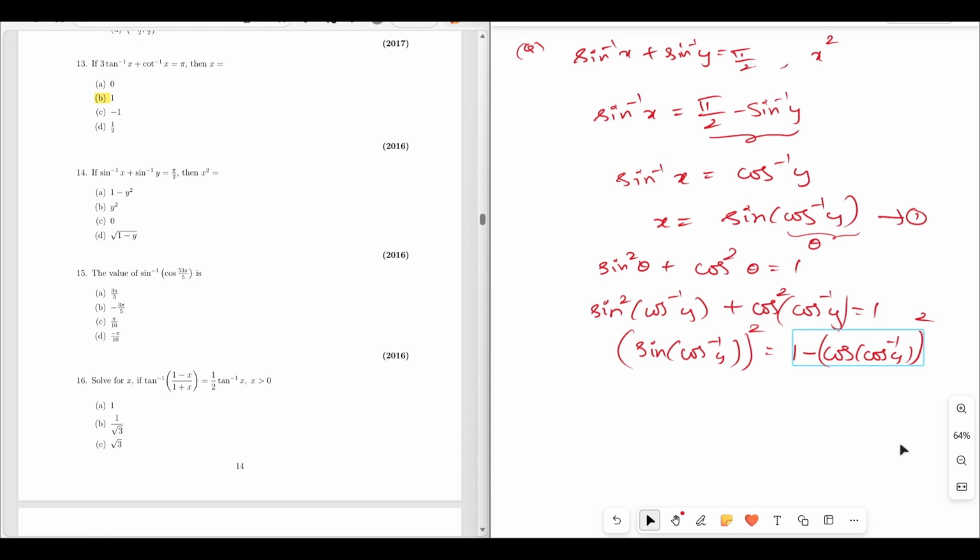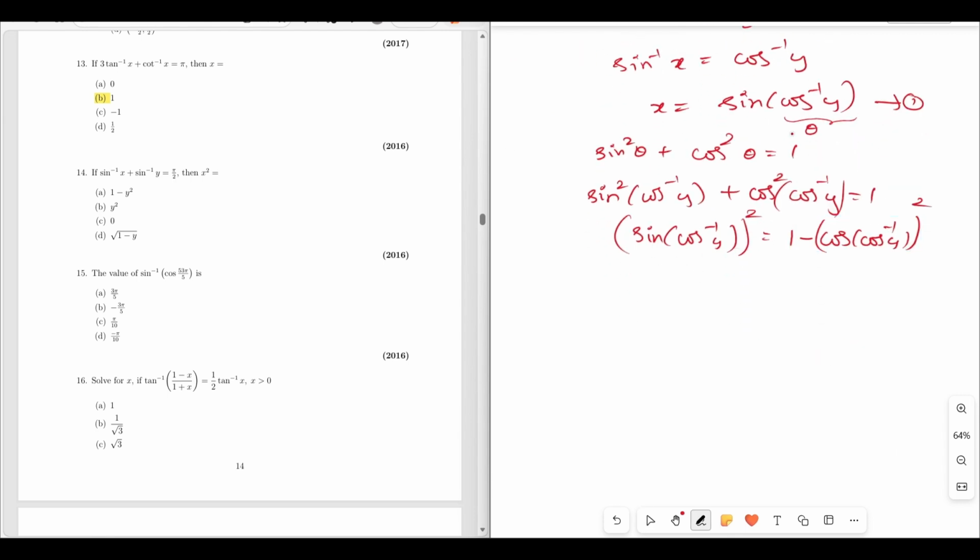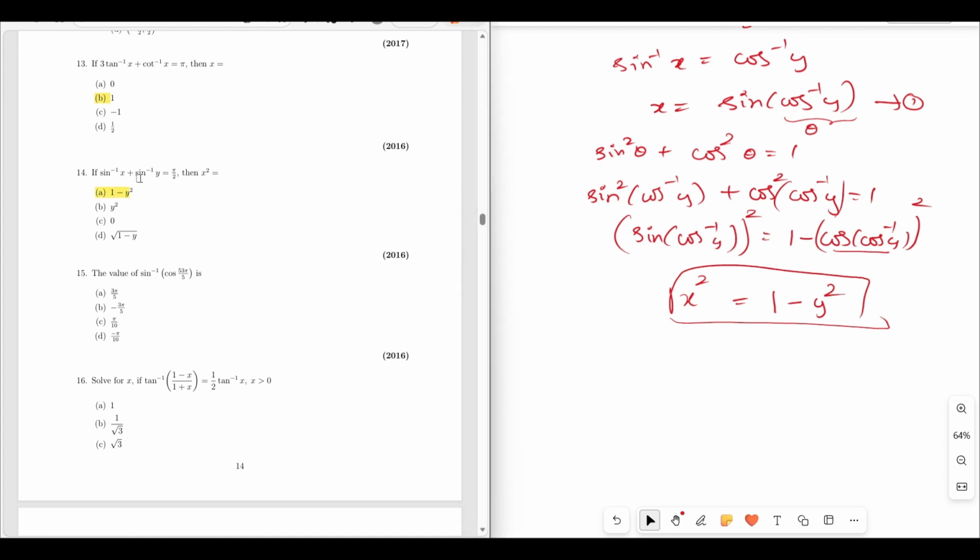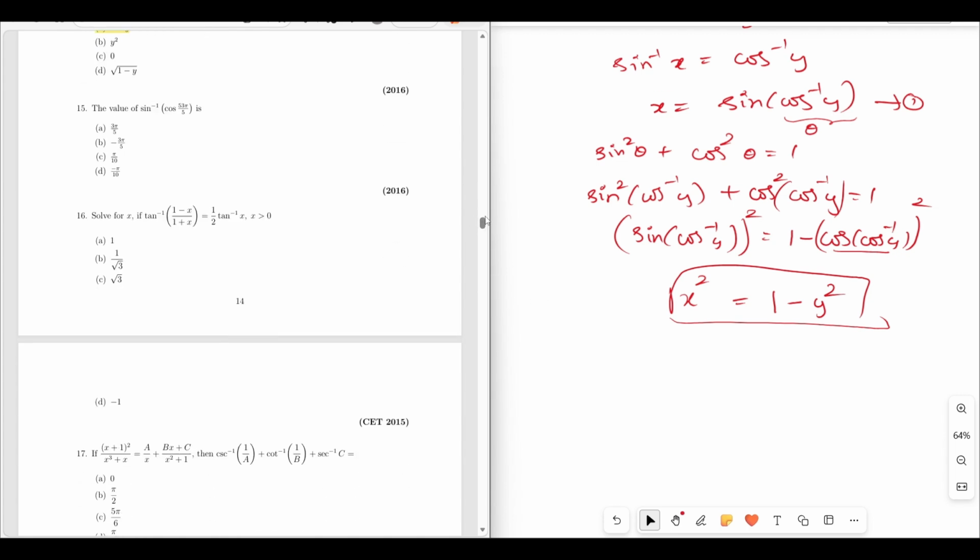Now, sine of cos inverse y, what have I taken it as? I have taken it as x. So this will be x squared is equal to 1 minus cos of cos inverse y whole square, which is 1 minus y square. So the value of x square is 1 minus y square. Which is the right option? Option A, 1 minus y square is the correct answer. So next, moving on to the further question, the value of sine inverse cos 53 pi by 5 is.